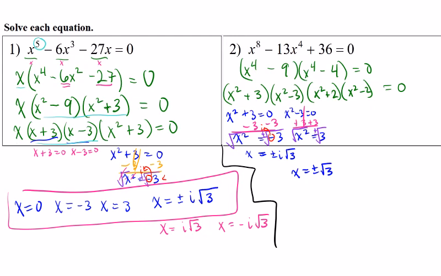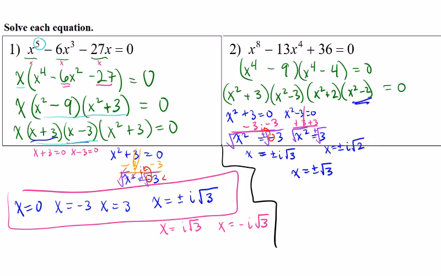So now if you see the pattern, you can go straight to the answers for these next ones. So x squared plus 2, it's going to be very similar to x squared plus 3. I'm going to have to subtract 2 and then take the square root. So I'm going to have a negative radicand, so I'm going to have to pop out an i. So this is going to be x equals plus or minus i root 2. And you can't simplify root 2.